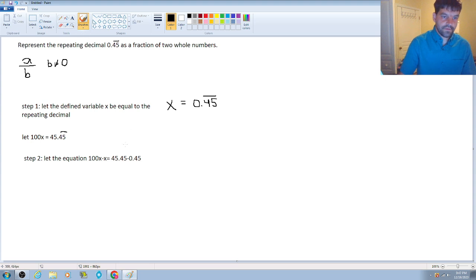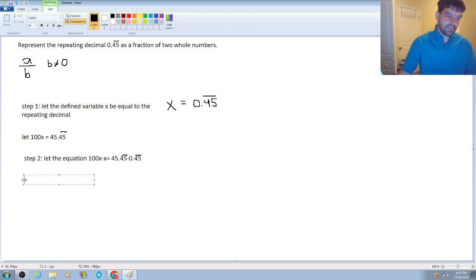Remember, these still are repeating decimals. But essentially, what that does is allow you to eliminate the repeating component of this decimal.